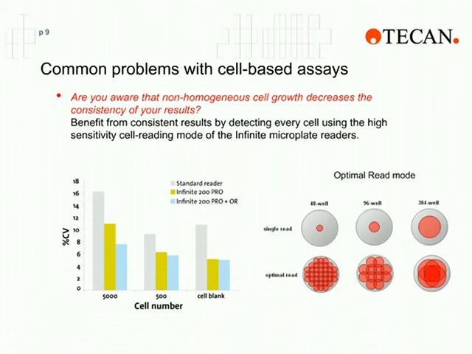So if we look, for instance, at the pattern over here versus here in the 96 well, all the flashes usually done in the middle of the well are now being distributed throughout the well, and thus you get a much better consistency and well-to-well uniformity of your results, and this actually increases your sensitivity as well. So this is an excellent feature for reading cells inside a microplate well.